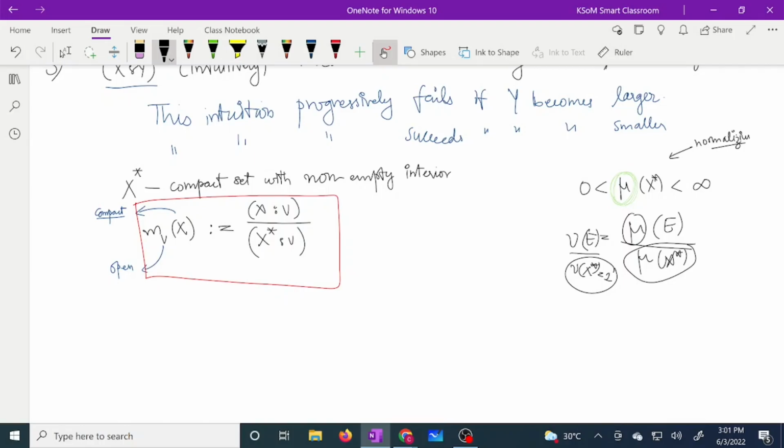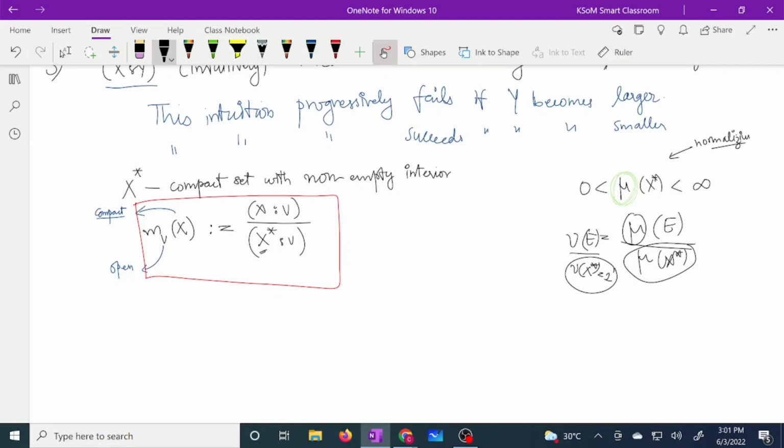If you spend some more time, you will be able to get this. That is precisely what I am doing here. I am choosing an x star which is a compact set, so I expect it to have finite measure, and which has non-empty interior, so I expect it to have non-zero measure also. And I am fixing that to have measure 1.